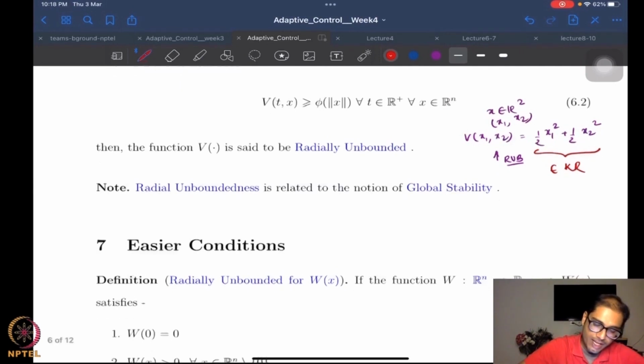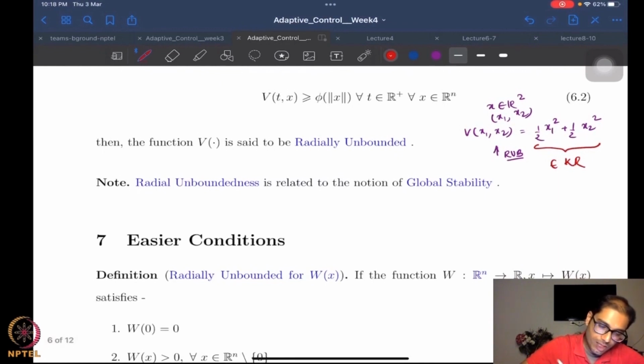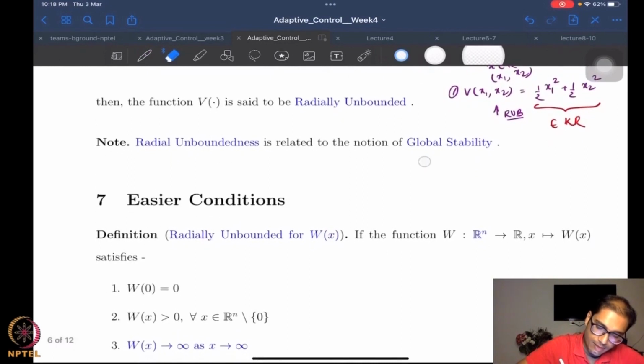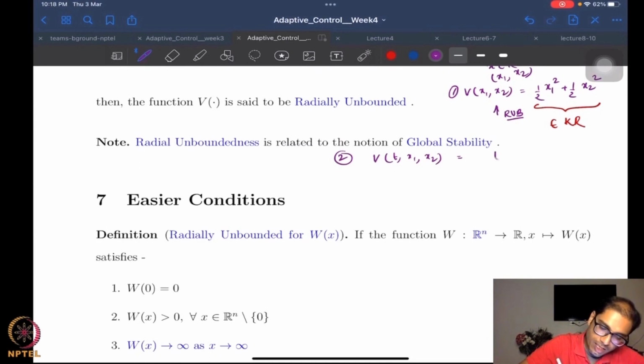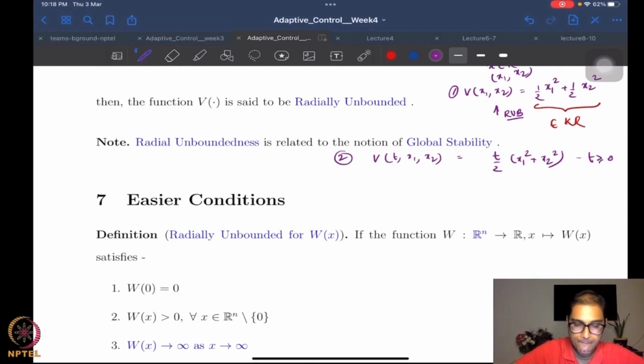Of course, I can have slightly more involved examples, like I can take something like V with t also, V(t, x1, x2) equals (t by 2)(x1 squared plus x2 squared), and here of course t is greater than or equal to 0.